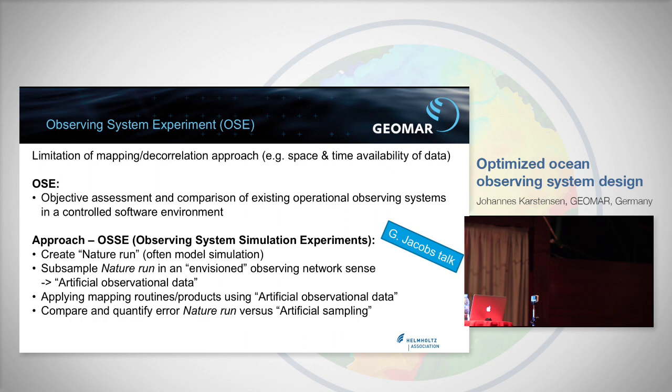This artificial observational data is then used in your product generation scheme to create, for example, a map or whatever product. The advantage is that you can create that product and compare the real nature run with the artificial outcome, and quantify the error of the subsampled nature run. That gives you a quantification of the error.